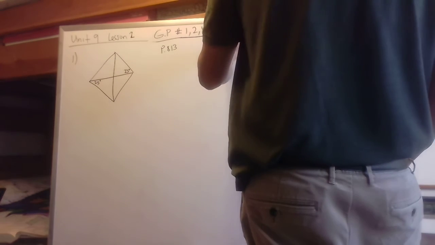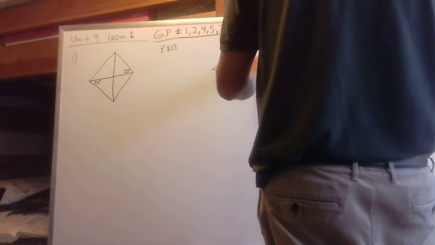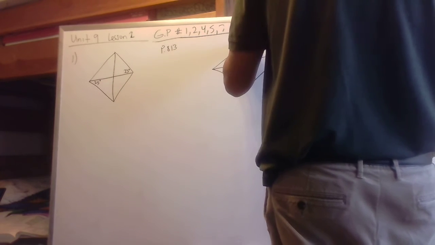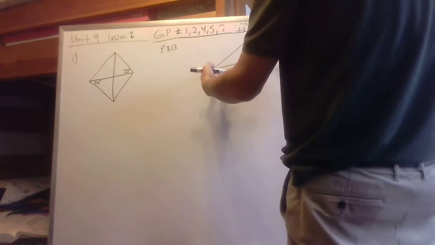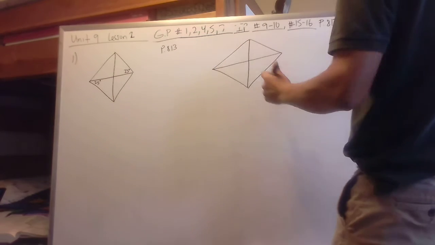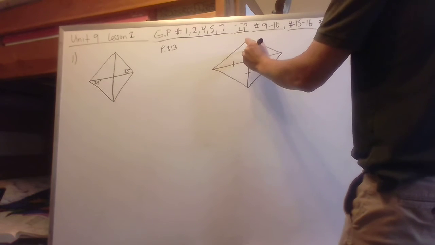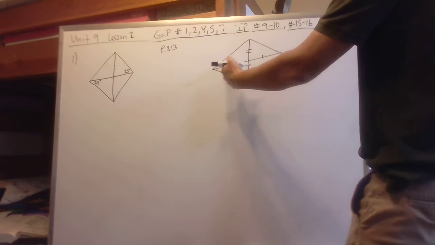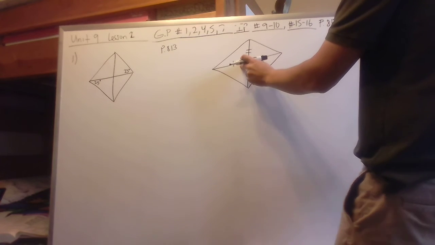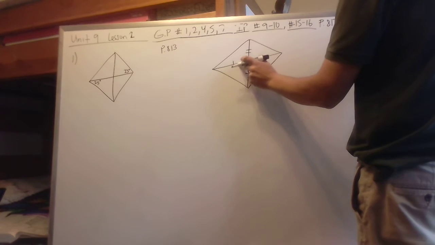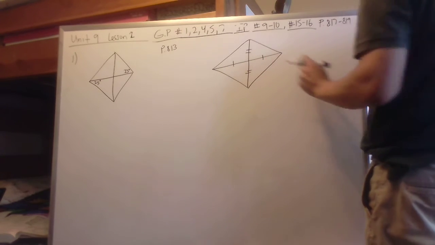And one of the properties that we had only looked at was basically the bisector right here. It would show that these two portions of this segment of the parallelogram are congruent, and then these two would be congruent.